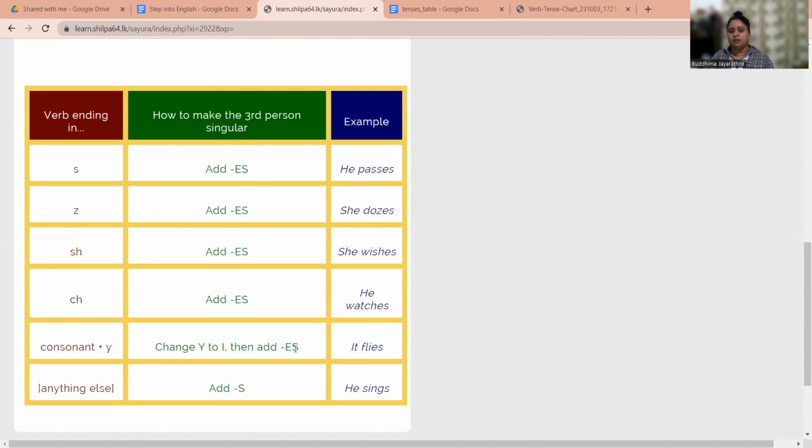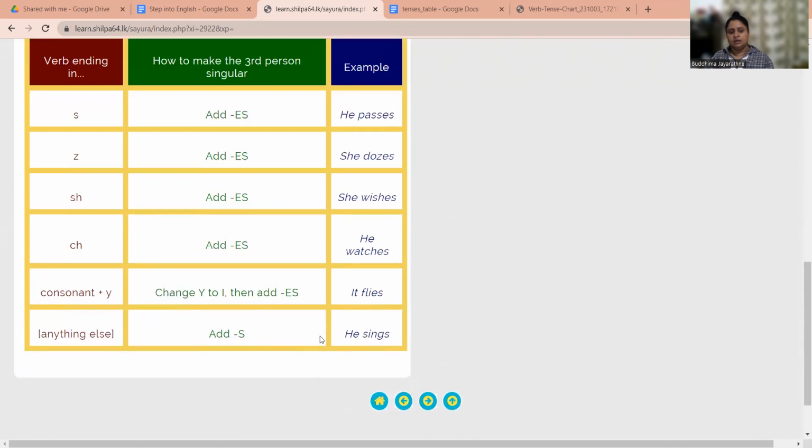So Y becomes I and then you add ES. Flies. Studies, S-T-U-D-Y, Y becomes I and add ES. And the rest of the verbs, the regular way of making the third person singular in simple present tense is just simply adding S. So these are special occasions, and while you learn these things well with great exposure to language, ගොඩක් වැඩි දුරට ඉගෙන ගන්නකොට ඔයගොල්ලෝ ඉගෙන ගන්නවා මේක කොහොමද වෙන්නේ කියලා. Practice makes perfect. Practice කරන්න ඕන එකට.